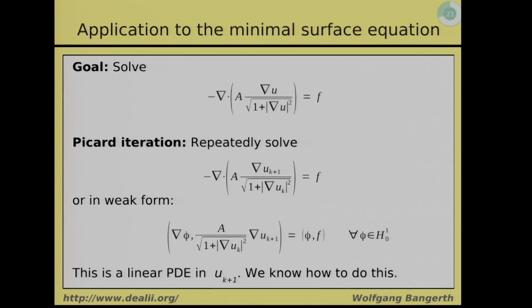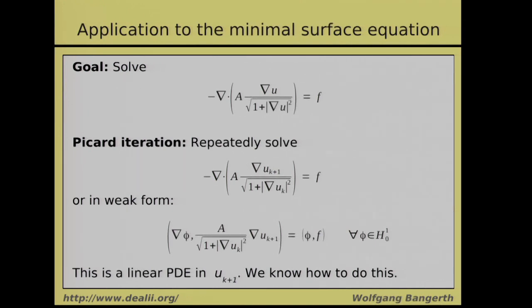So let me walk you through how this looks in the context of the minimal surface equation. So here's again the minimal surface equation in the strong form. The Picard iteration means that I have to, let's say, fix the denominator at uk, and then the numerator would be uk plus 1. So this is a linear equation in uk plus 1, and I know exactly how to solve this.